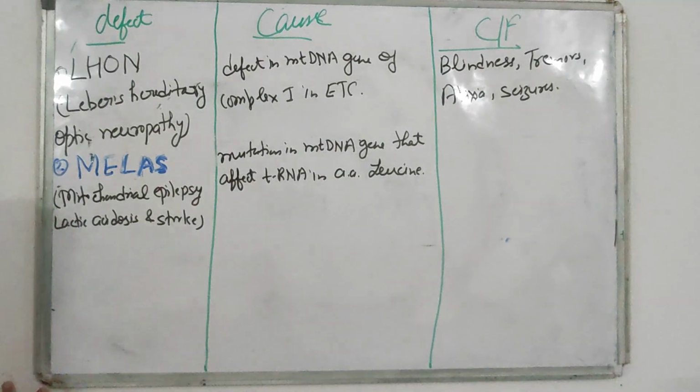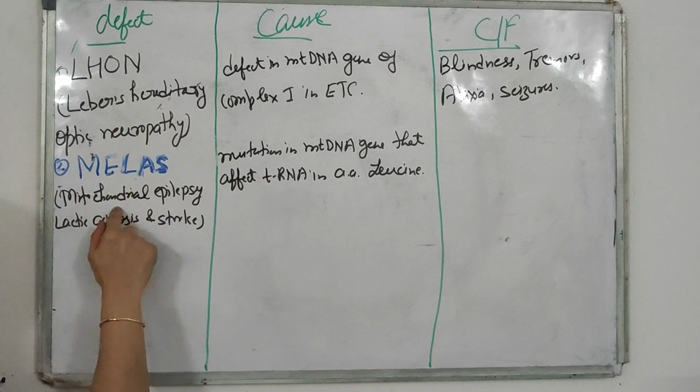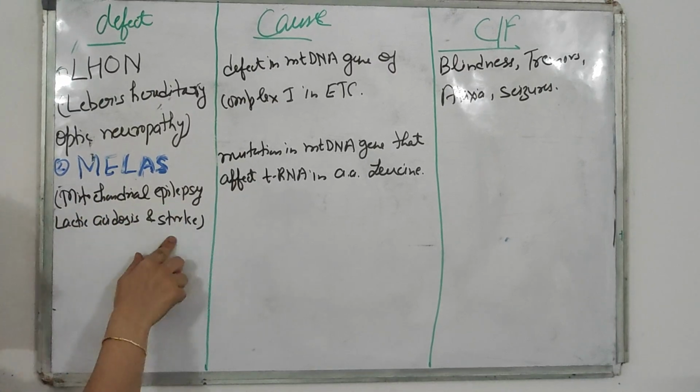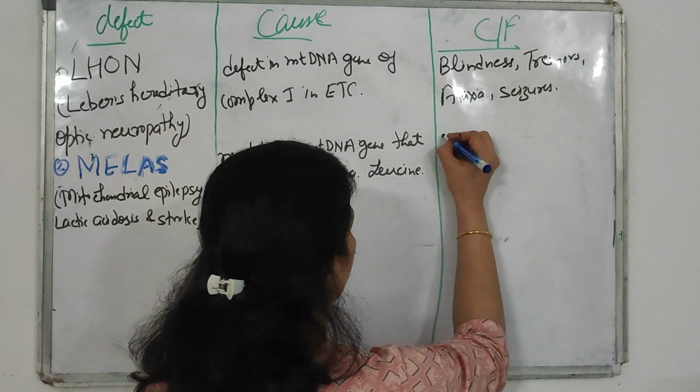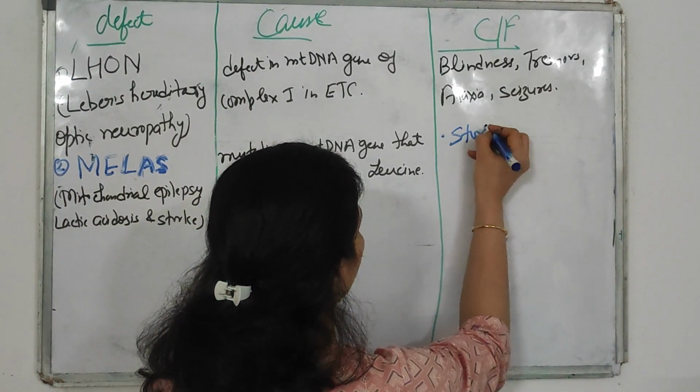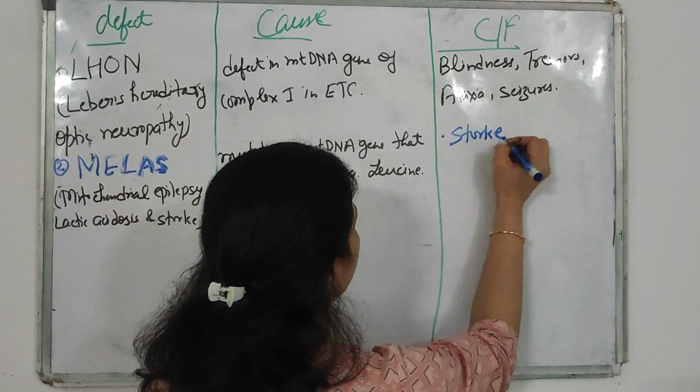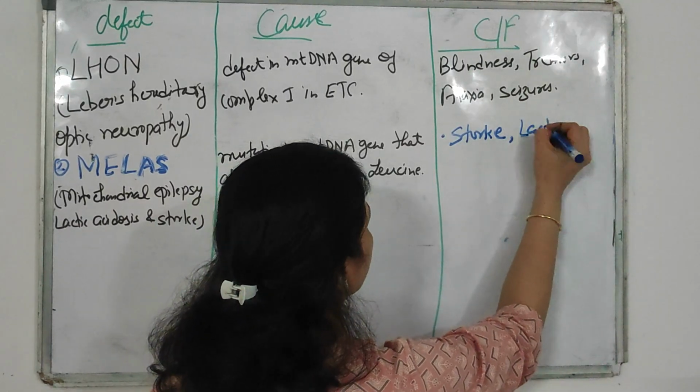So what is the clinical feature? As it shows mitochondrial epilepsy, lactic acidosis, and stroke, as the name suggests, the clinical features will be stroke, then lactic acidosis.